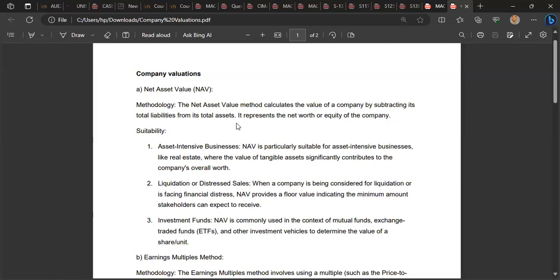Outdated numbers. So what you need to be careful about in this method is to make sure you are going for the current values, right? Those of you who did accounting, you remember that sometimes, if you are selling a company that is not a going concern, which is a company that is closing down, when you present financial statements for such companies, you normally use the current valuation, which is the liquidation value of those assets.